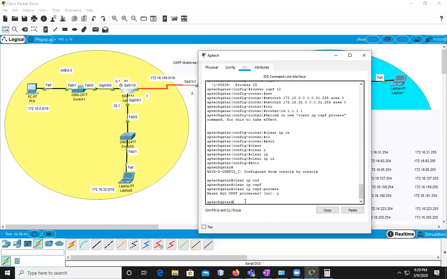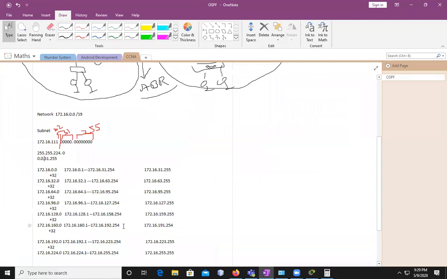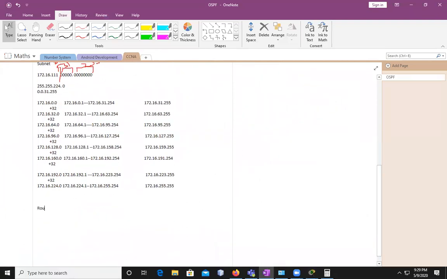Now, if we talk about this router ID, let me give you some brief introduction about it. The router ID command is used to manually specify the router ID of any router.